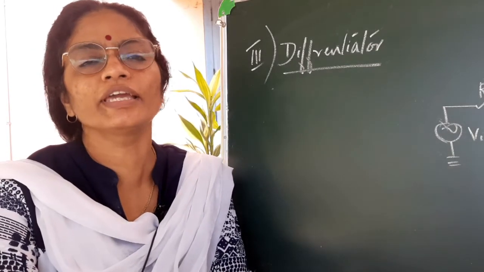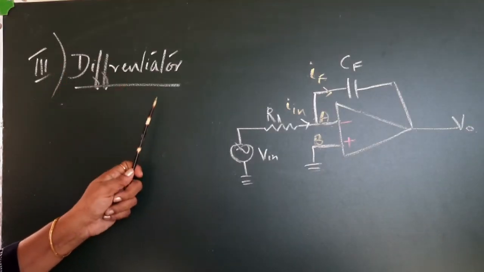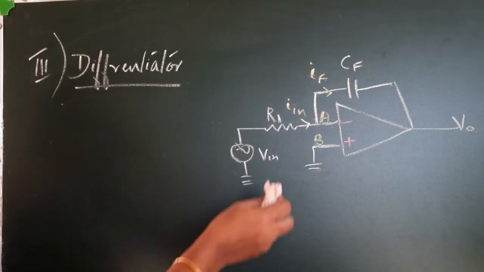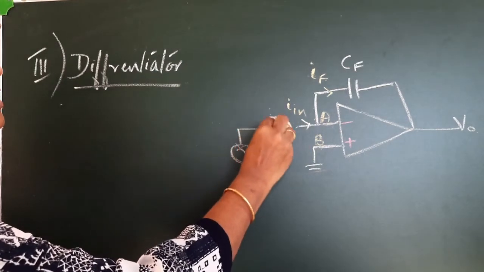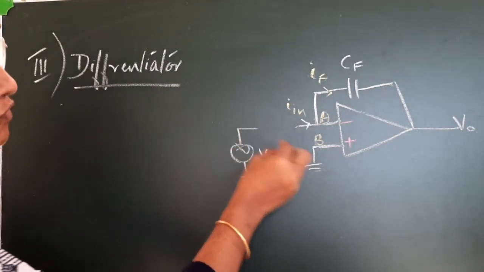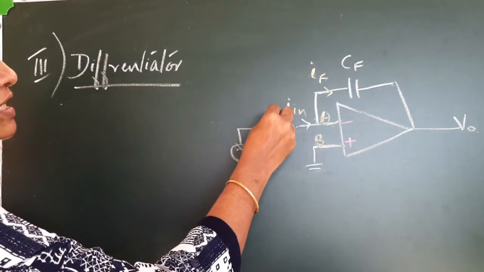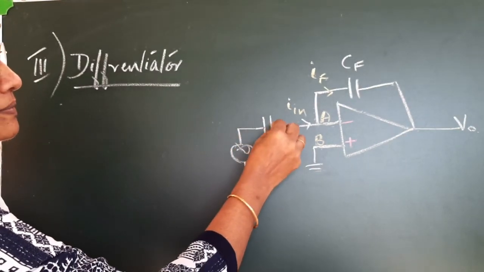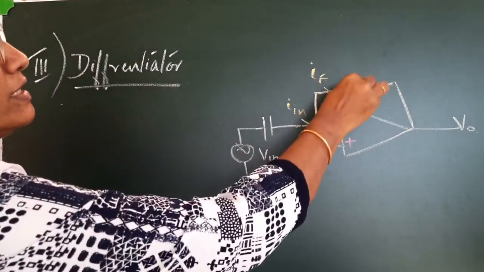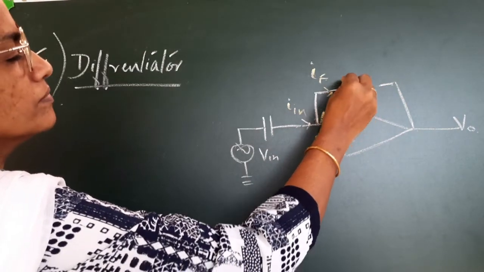Now let us try another application of the op-amp. Third application, differentiator. This is an integrator circuit, so let us convert that into a differentiator. What I am doing is removing this resistor and making it a capacitor. Now replace this capacitor with a resistor.